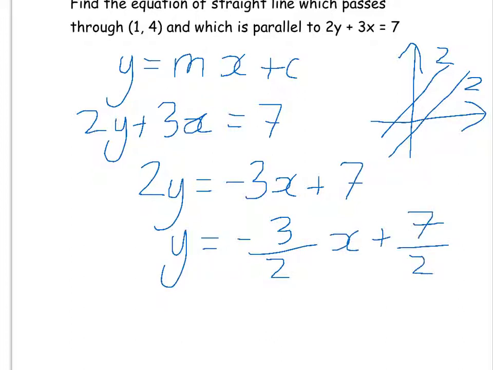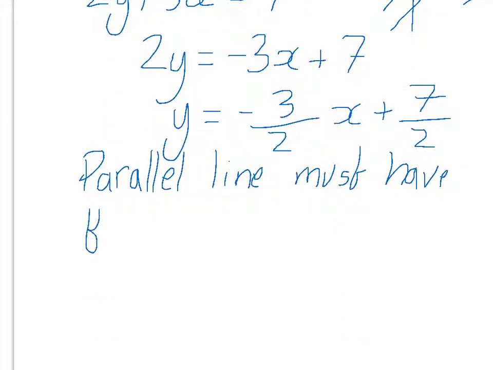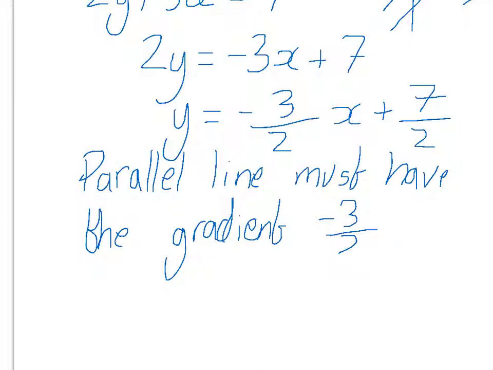Now, you can now spot what the gradient is, because remember it's the coefficient of x. So that's the gradient. So the parallel line must have the gradient minus 3 over 2.